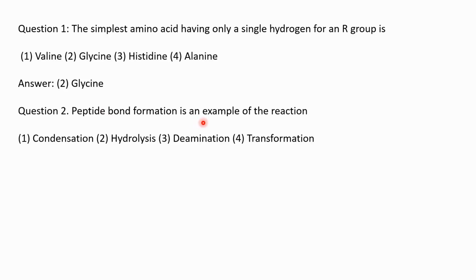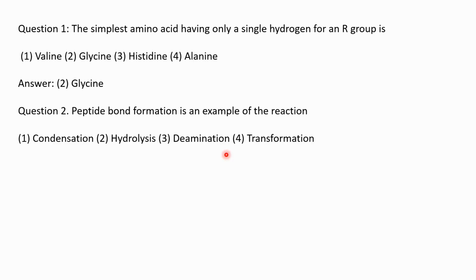Question number 2: peptide bond formation is an example of which kind of reaction? The options are option 1, condensation, option 2, hydrolysis, option 3, deamination, option 4, transformation. We know that during the formation of a peptide bond between the carboxyl group of the first amino acid and the amino group of the upcoming amino acid, there is a release of a water molecule, resulting in the peptide bond formation and the linkage of these two amino acids.